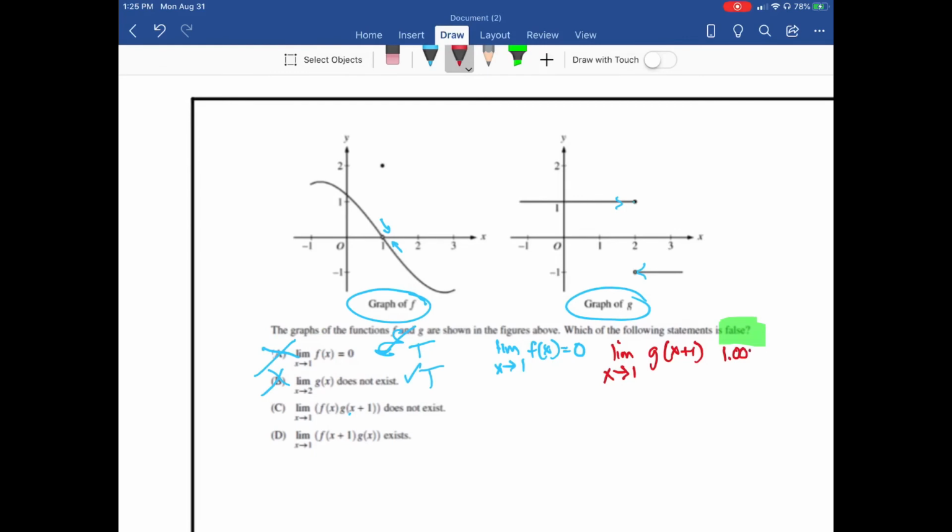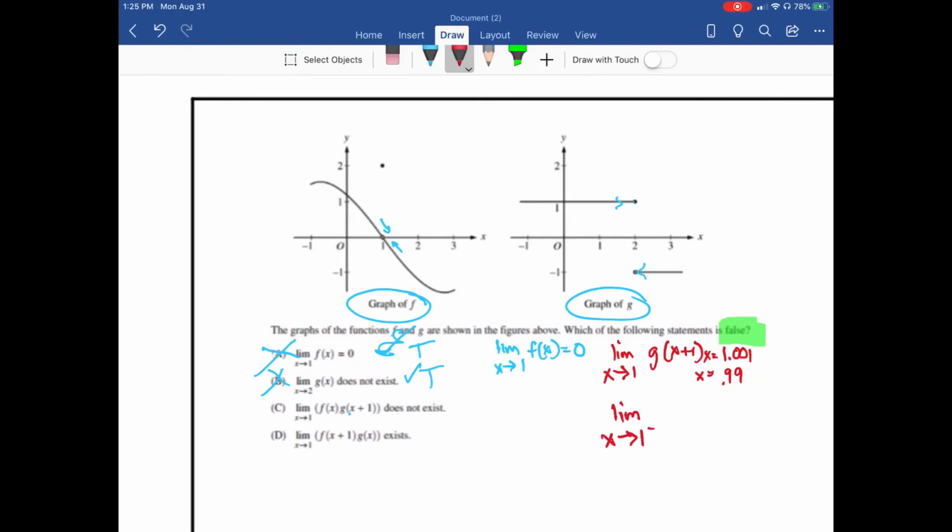This is my thought bubble. This is what's going on in my head as I'm approaching 1 from both directions, right? From the left and from the right. So now let's look at the limit as x approaches 1 from the left.